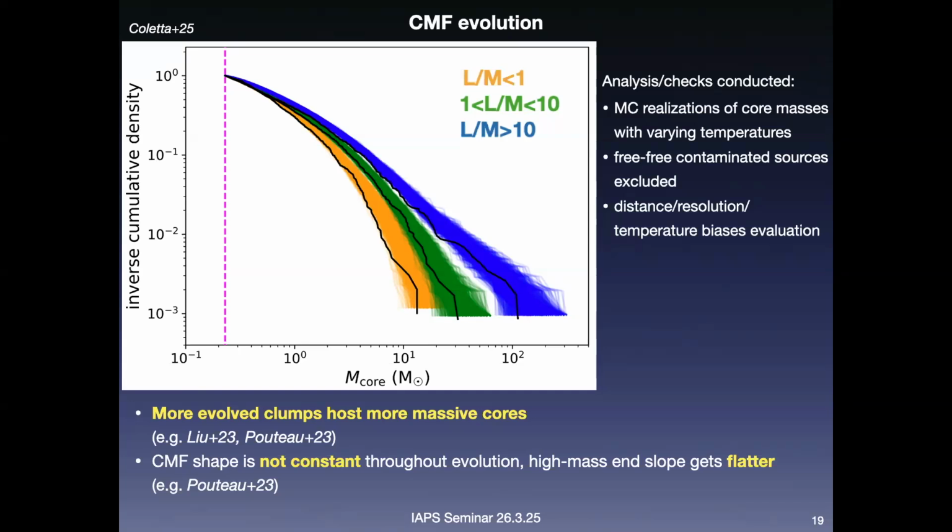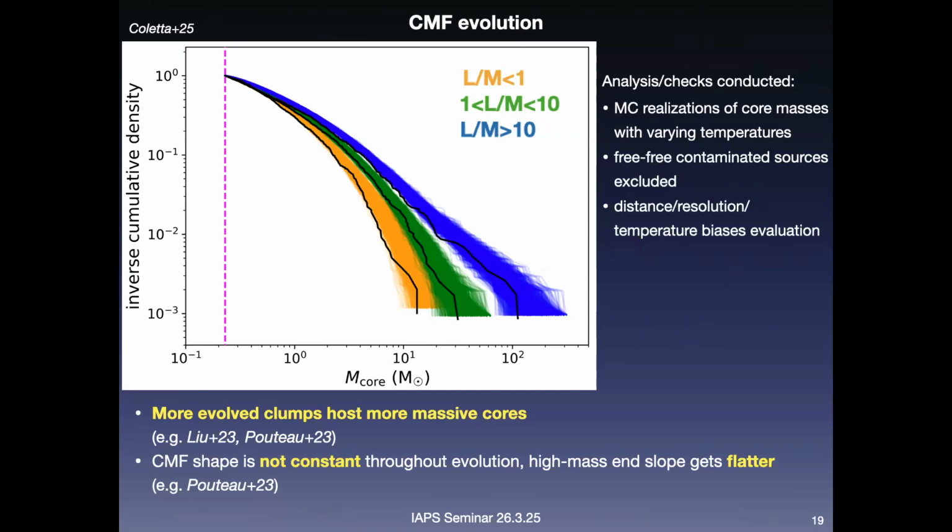Yeah, partly the sample was selected to mostly cover the prestellar phases, although we have a wide range in terms of L over M. So it could be that most of these, at least on average, are simply younger regions that still tend to fragment more, because the core can also form multiple systems.